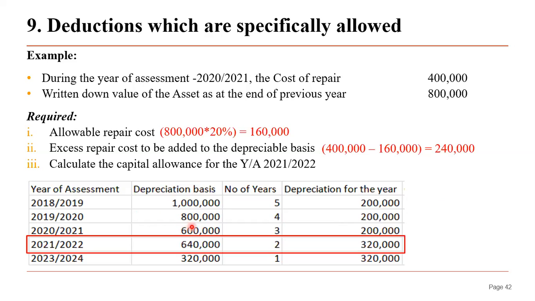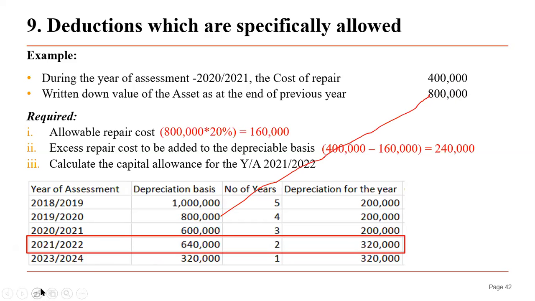Then the year of assessment 2021: the depreciation basis is 600, number of years 3, then 200 is depreciation. This 800 is the WDV they have given for the previous year, right? This 800 is the WDV.